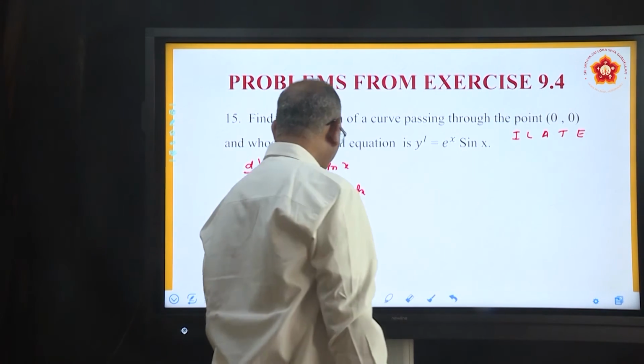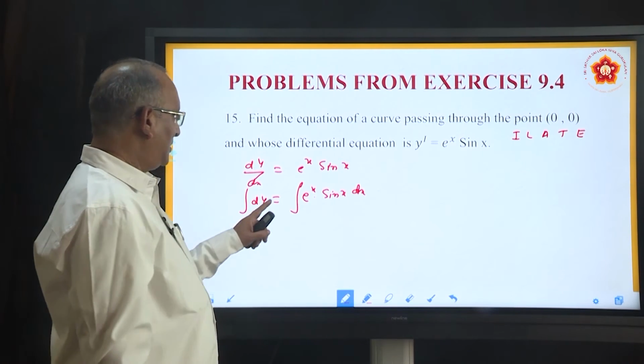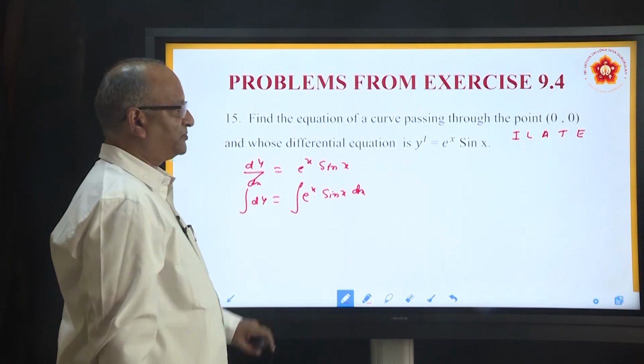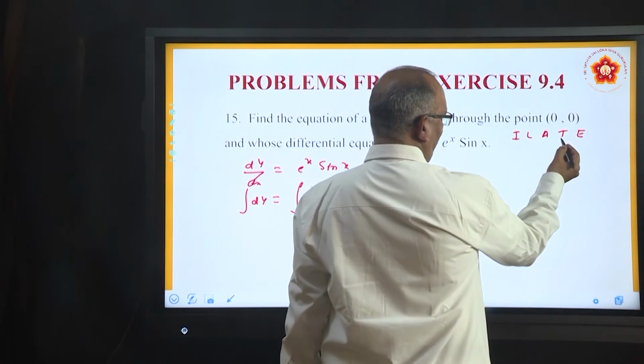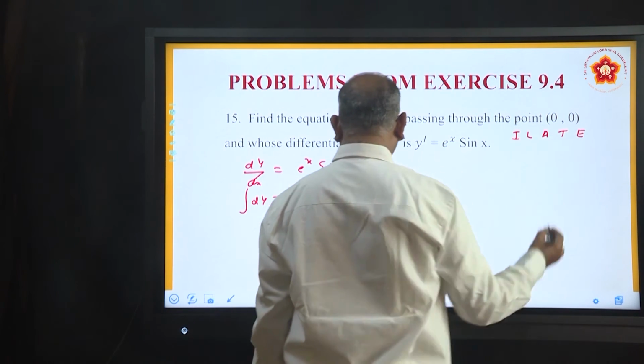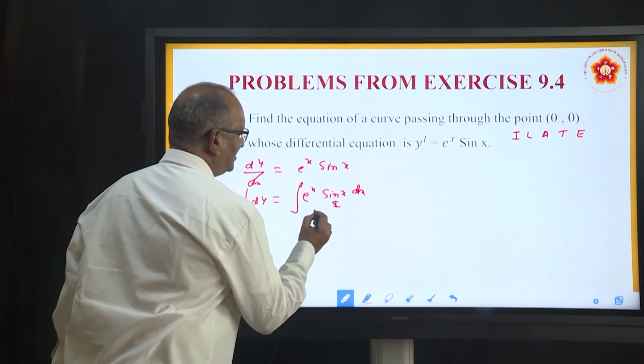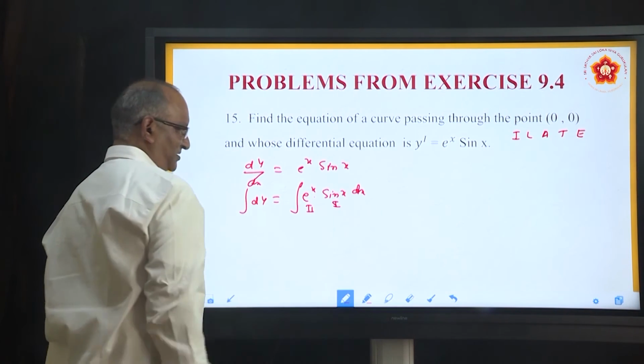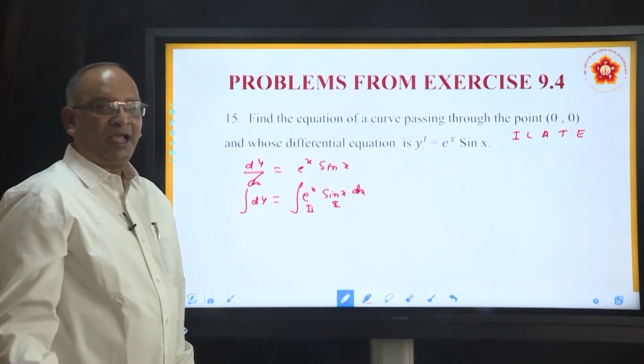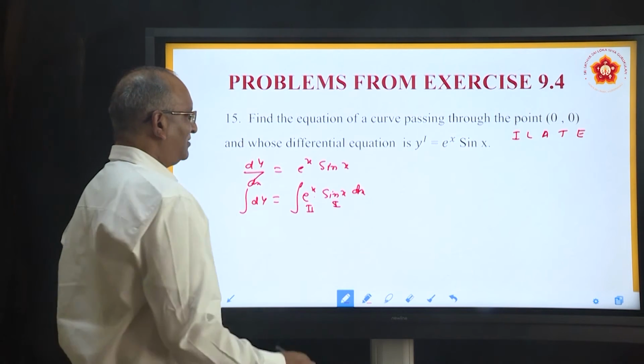What kind of functions do we have? We have one trigonometric function, one exponential function. Trigonometric comes before, so we take sin x as the first function, e to the power x as the second function, and then apply the product formula.